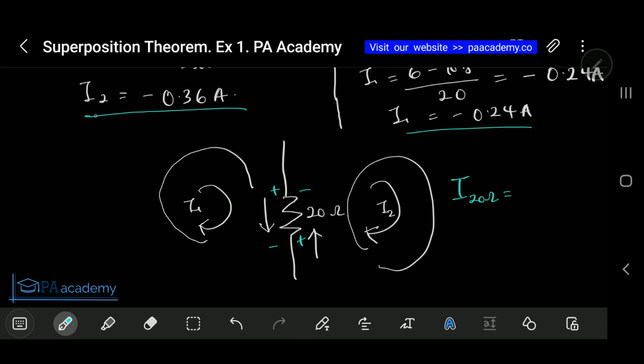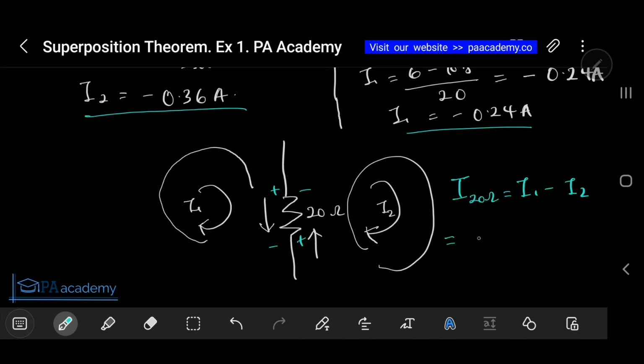So if you look at these two values, I2 and I1, which one is much higher? We are having minus 0.36 amperes and minus 0.24 amperes. Which one do you think is higher? Okay, so because of the negative sign, minus 0.24 is higher than minus 0.36. So what we are going to be having is I1 minus I2.